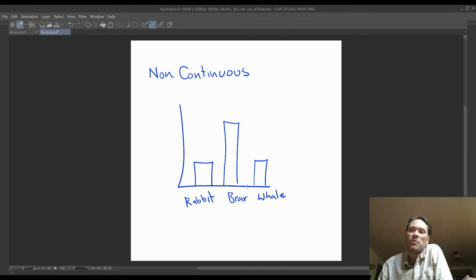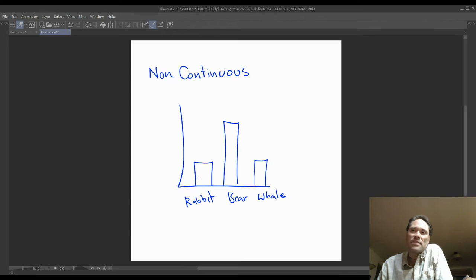Now, by no means do I think that this is a correct set of bars here, but this would be non-continuous data. Non-continuous in the sense that if I have a rabbit next to a bear down here, that's fine, but you can't easily imagine something that's like in between a rabbit and a bear. You might be able to. You might pull up something. You're like, well, I think this is in between a rabbit, but it's not a super easy task, right?